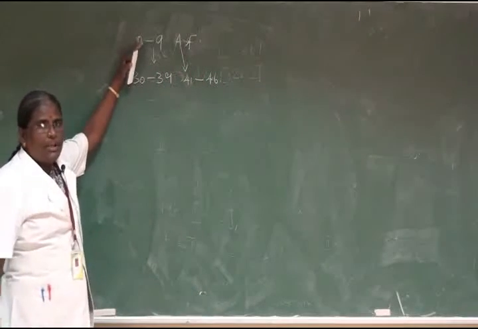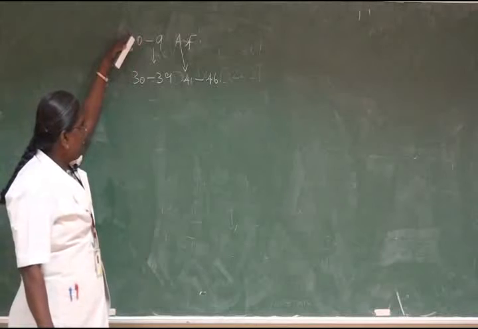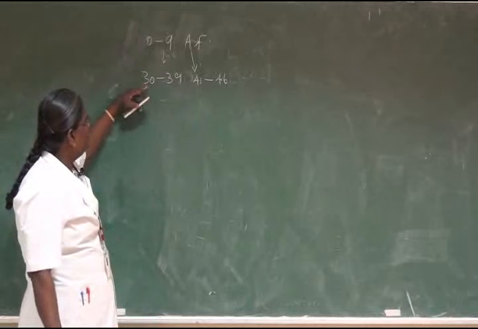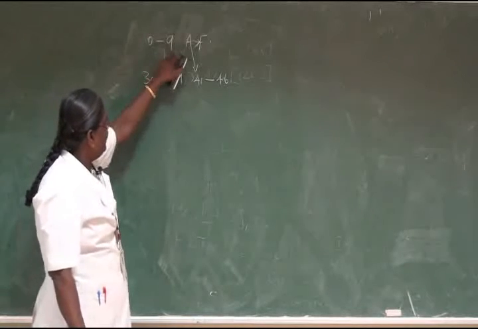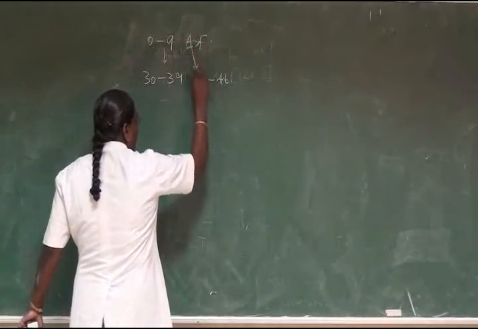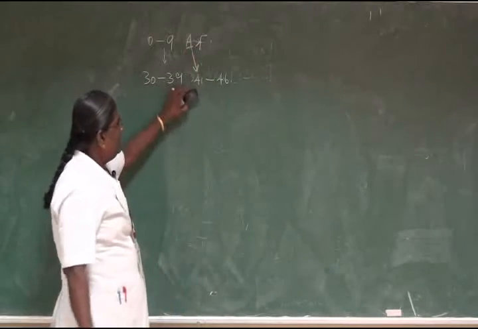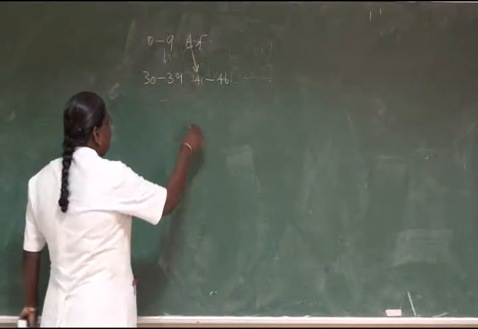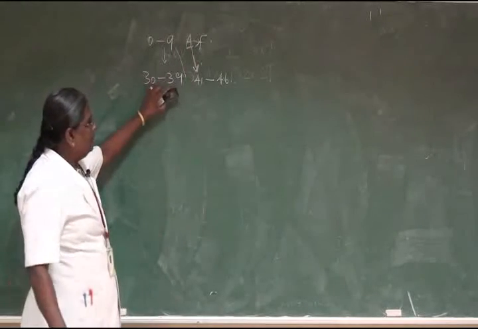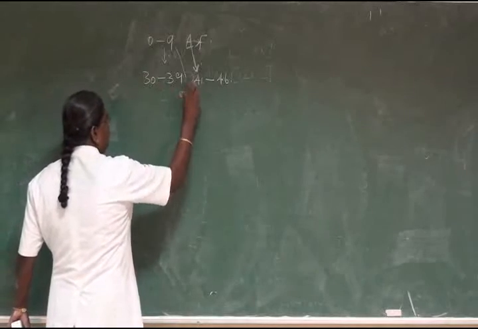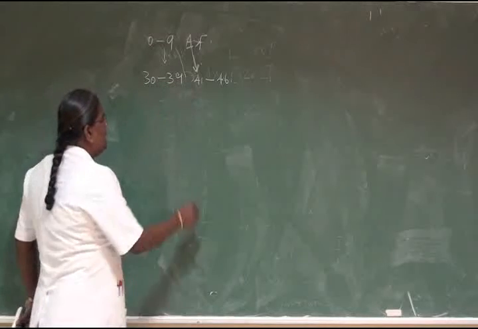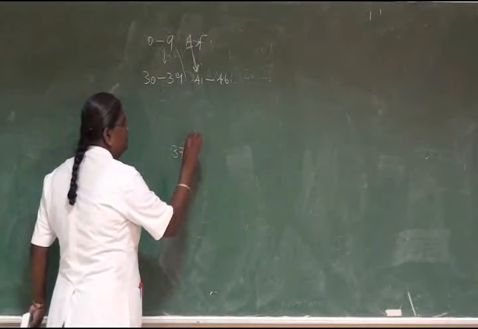So if we want to write a program to convert hexadecimal to ASCII, what should be done? We have to add 30 up to 09. Then for A it should be 41. So we have to consider this. Then we have to compare the data whether it is less than 0A in hexadecimal. If it is, we have to add 30. Otherwise we have to add 37 in hexadecimal.